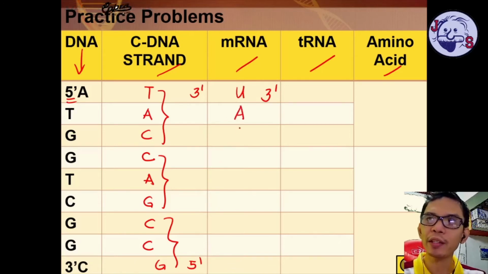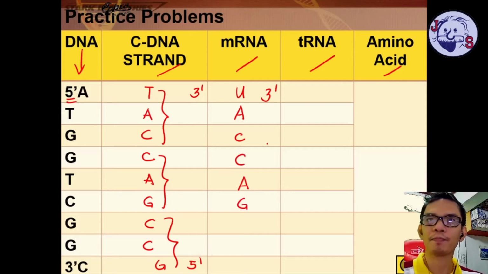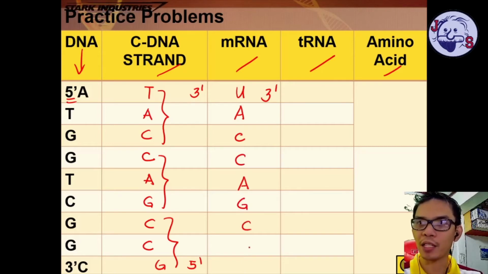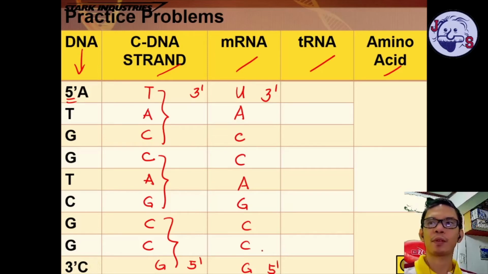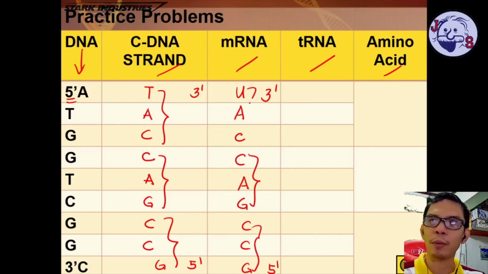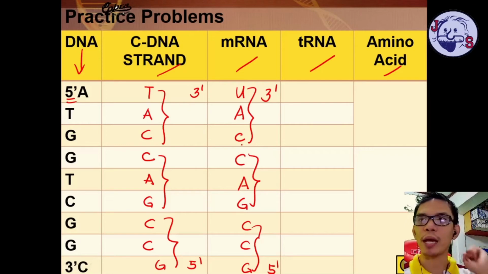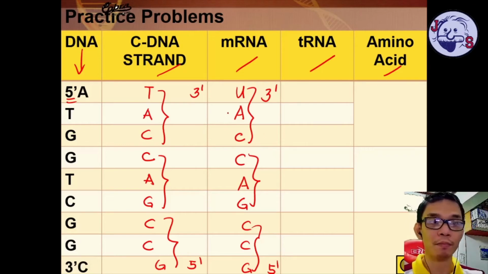So we have A, C, then C, A, G, then followed by C, C, G. And that is also 5 prime. Let's put it into brackets to show that they are in the form of codons. Alright, so that was the mRNA. Did you get it right?